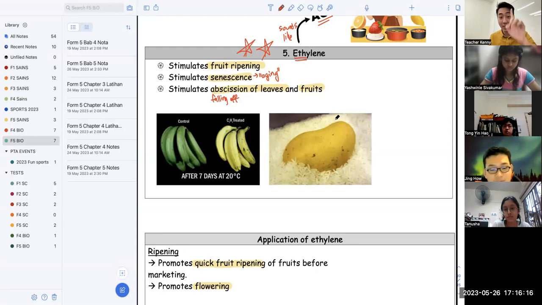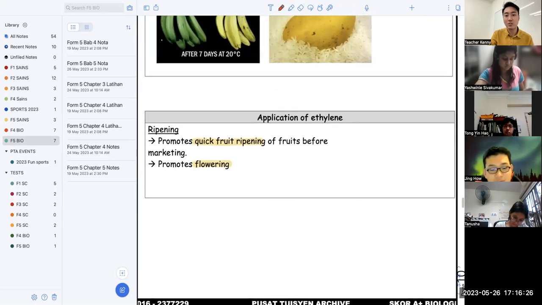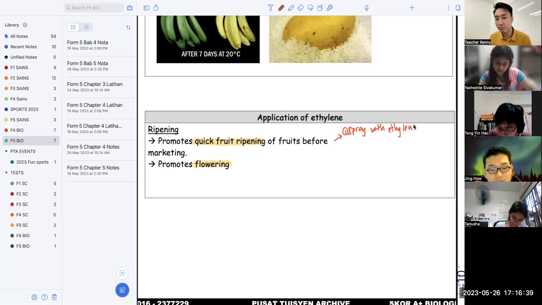Now, in the exam they ask you to suggest 2 ways, or 3 ways, where you can make the fruit ripen faster. First is manual, so many ways. First you can spray with ethylene. Second, wrap in a paper bag.